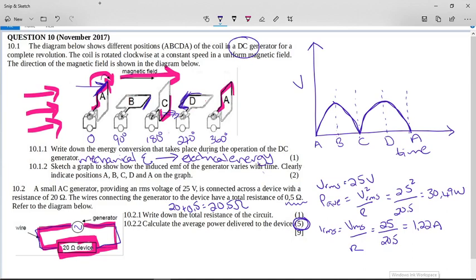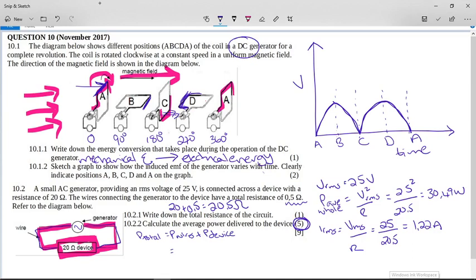Okay, so this average power is the power for the whole circuit. So if we want to calculate the power for the device, we can then go and subtract the power for the wires from the total power. So P total is going to be P of the wires plus P of the device.